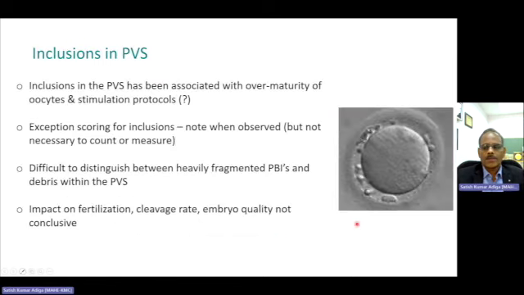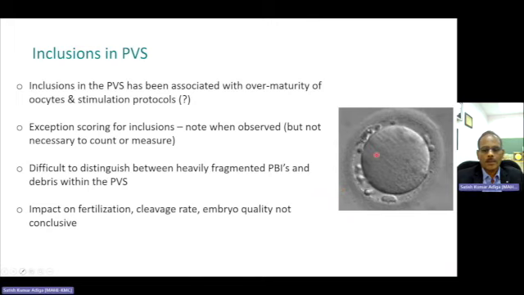The perivitelline space sometimes contains inclusions or debris. We do not know why exactly this happens. It is suggested that over-maturity of oocytes or stimulation protocols may be responsible for these inclusions. But there is no need to count these inclusions or debris. However, if there are multiple inclusions, then this should be documented.